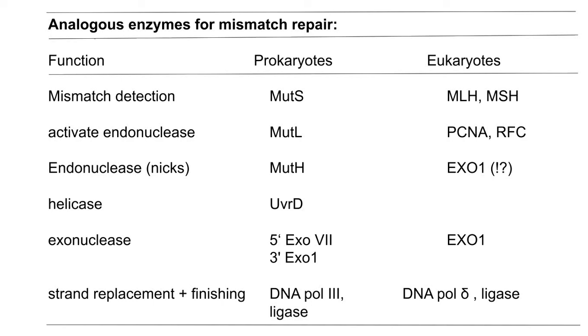Depending on their location, they can be 5' of the mismatch, or they can be 3' of the mismatch, and depending on where these are located, they will need the exonuclease that can chew up, leading to the incorrect base pair. In eukaryotes, the exonuclease is EXO1, which also has an endonuclease activity, but we don't really know for sure yet. Strand replacement and finishing is carried out by DNA pol 3 and ligase, and in eukaryotes by DNA pol delta and ligase.